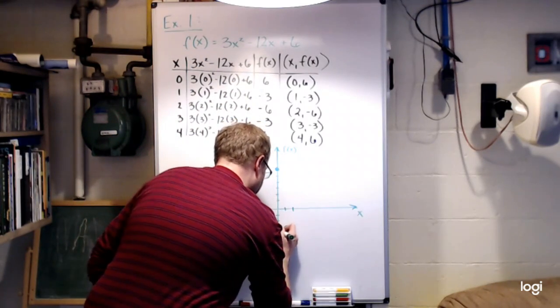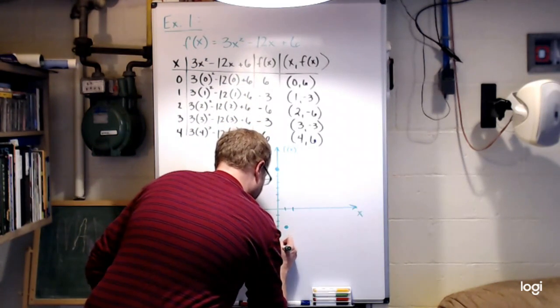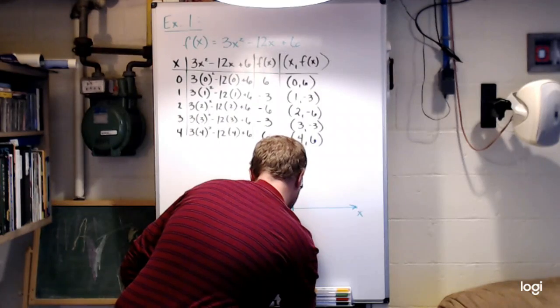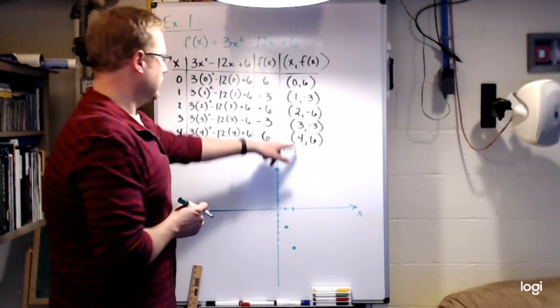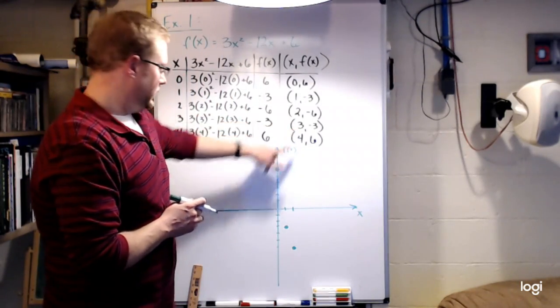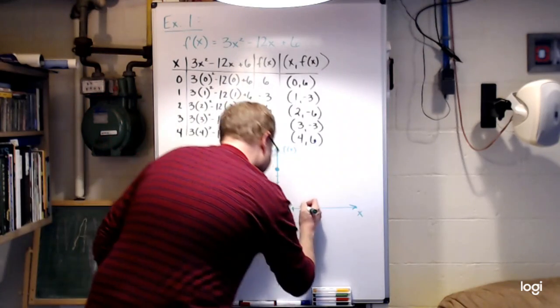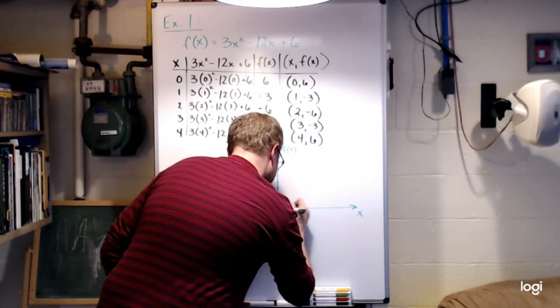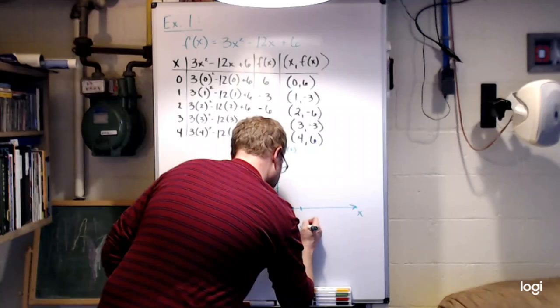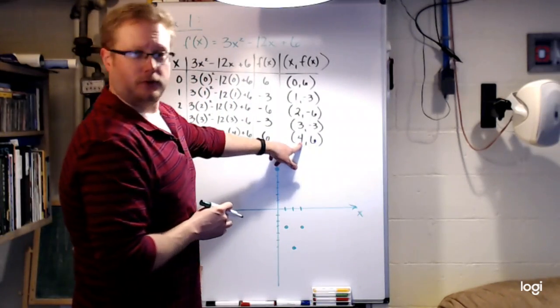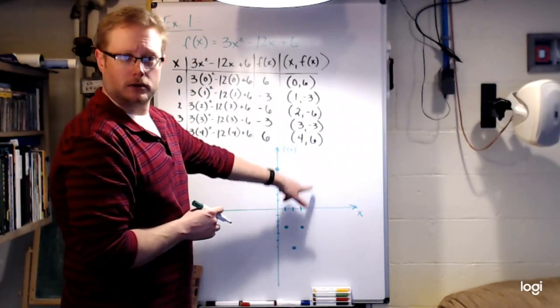So forward 2, down 1, 2, 3, 4, 5, 6. Right there. 3, negative 3, so forward 3, down 3. And lastly, 4, 6, so forward 4, up 6.